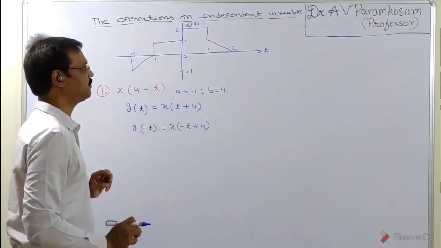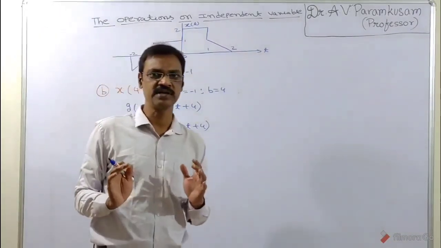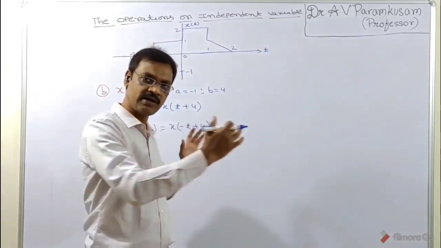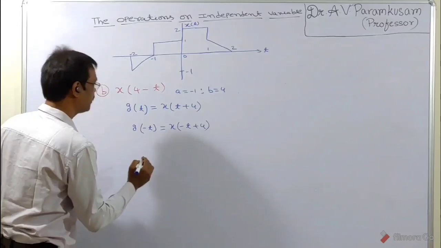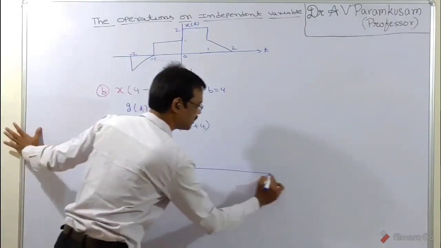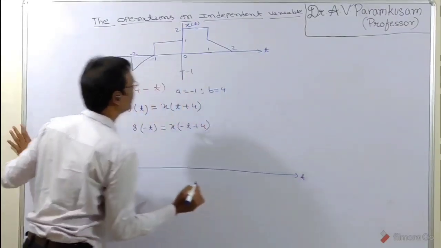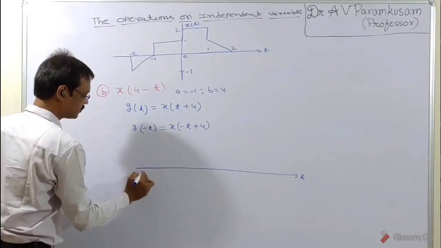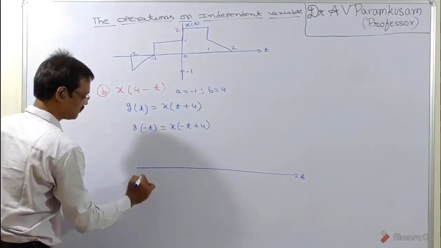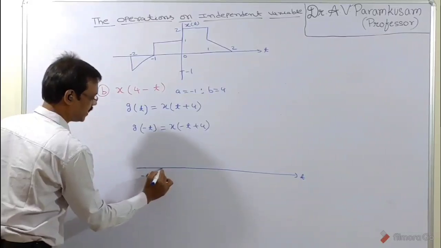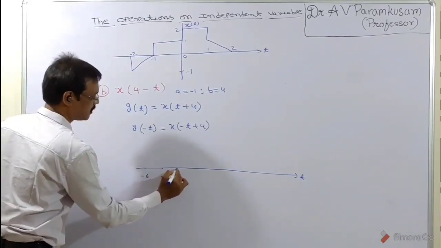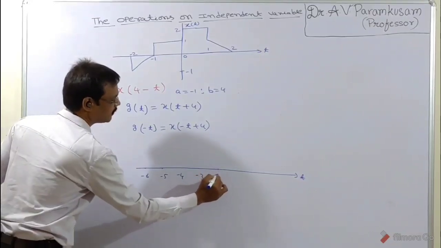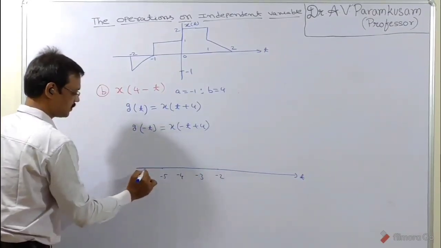X of t plus 4, how do you get it? X of t plus 4 is a signal that can be obtained by shifting the x of t to the left side by 4. Then minus 2 will be coming to minus 4, and the points become minus 6, minus 5, minus 4, minus 3, minus 2.